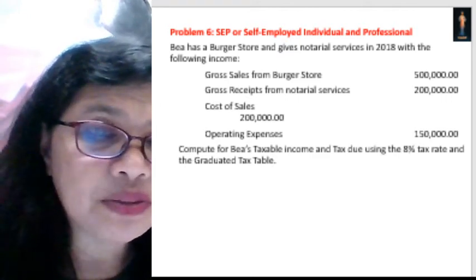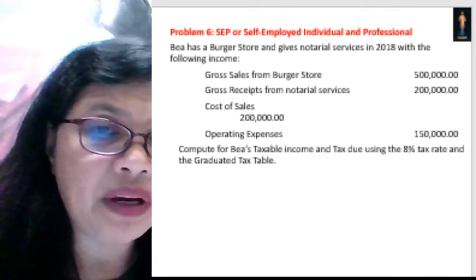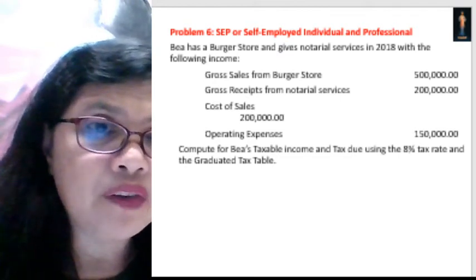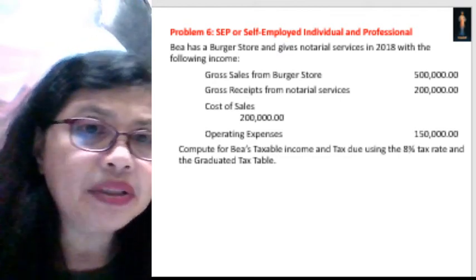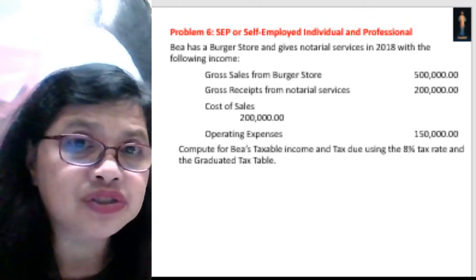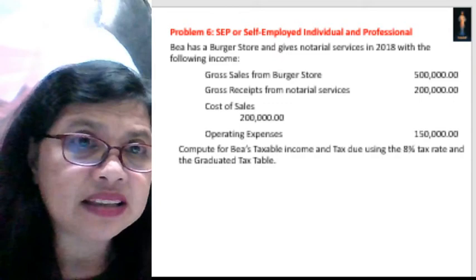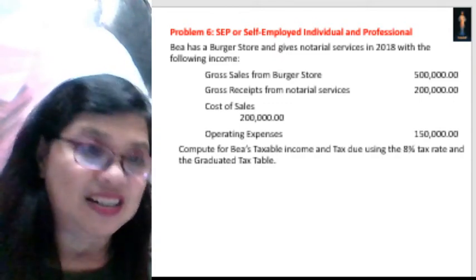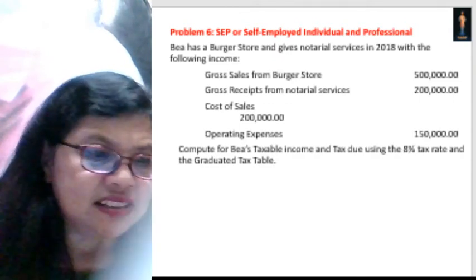But there is a cost of sales of 200,000 and an operating expense of 150,000. The requirements are: compute for Bea's taxable income and tax due using the 8% tax rate and the graduated tax table. Okay, so I think it's the same.